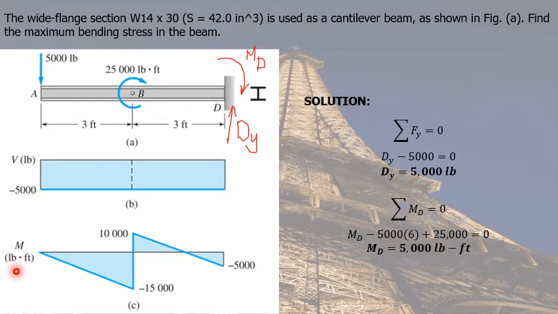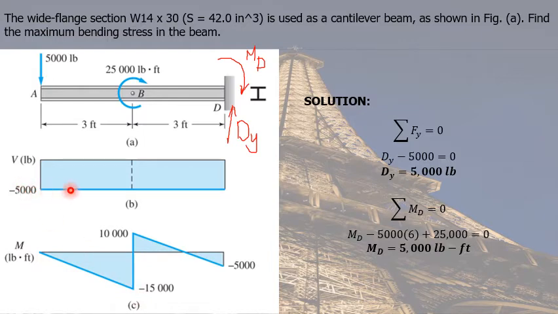Next, we sketch our moment diagram. At point A, we don't have any couple. So we begin with a 0. Then we add the area of this rectangle, which has a base of 3 feet and a height of negative 5,000. So we have 0 plus 3 times negative 5,000. That is negative 15,000. So how do we connect 0 and negative 15,000?